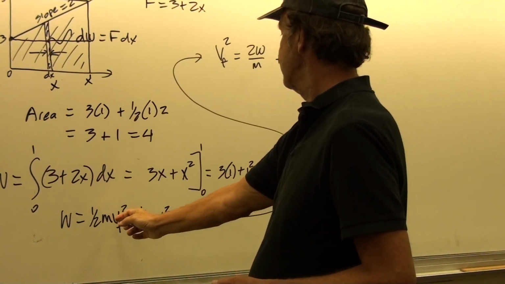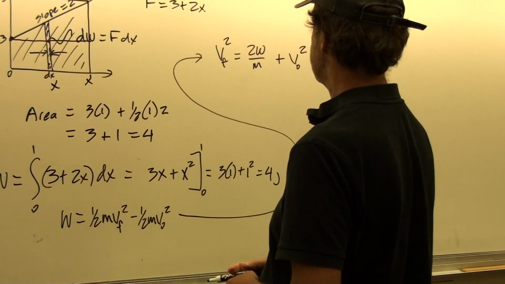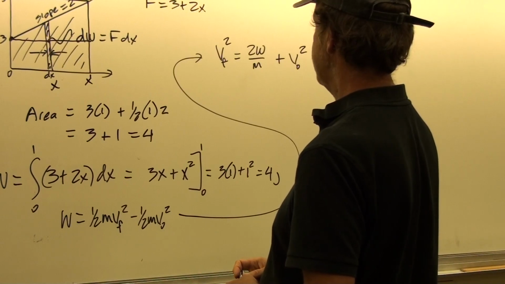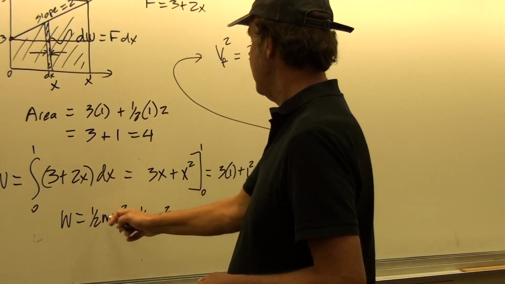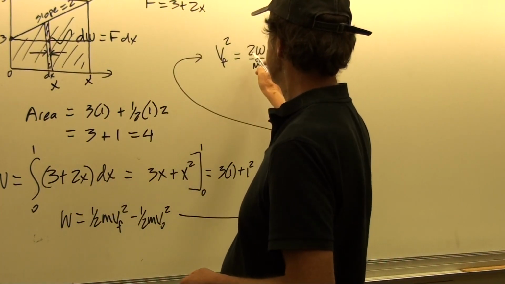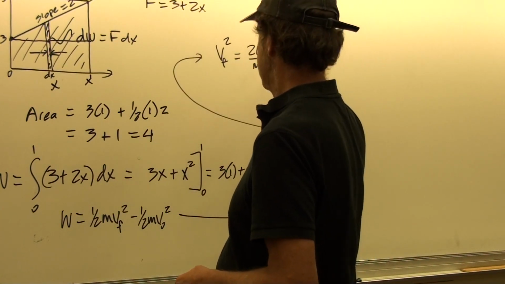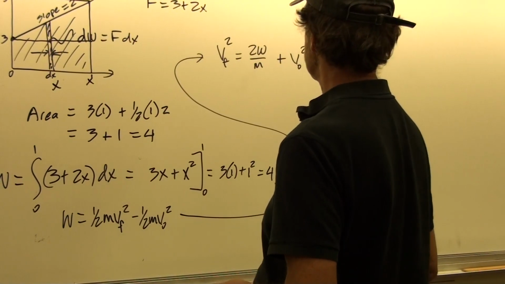Okay, just solving this for v final squared, I'm taking both sides of the equation and multiplying that through by 2 over m, both sides. So this gives me 2W over m, and here that just isolates the v initial squared.